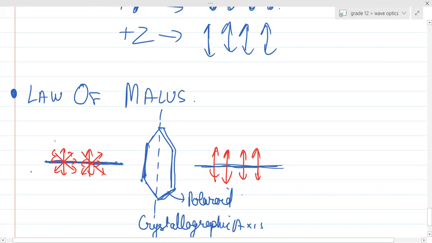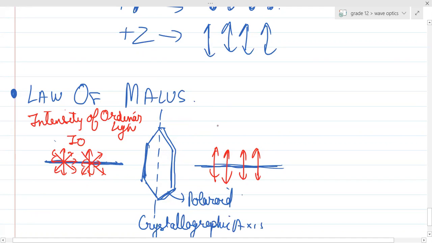Yes or no? We know this. So if I say the intensity of ordinary light, this is ordinary light, this is I naught, then I'll tell you this particular thing. This is not the law of Malus.